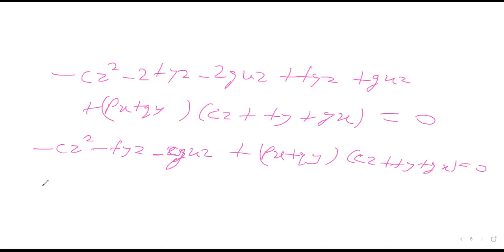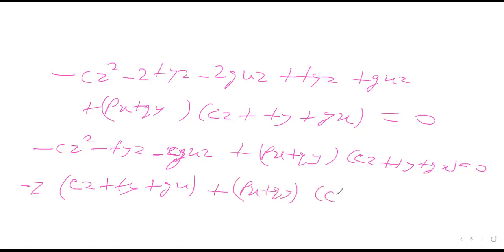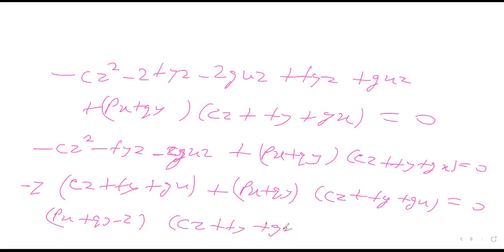If you take minus z common from here, you will get (cz plus fy plus gx) times (px plus qy minus z) equals 0. Okay, I can ignore this term. This will be my required differential equation. So my partial differential equation is px plus qy minus z equals 0.